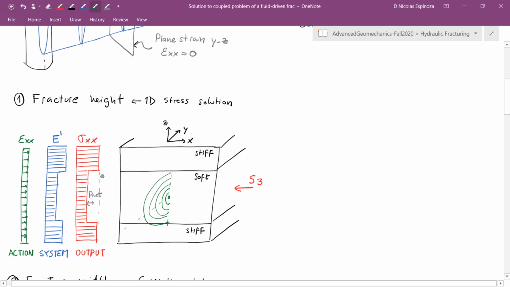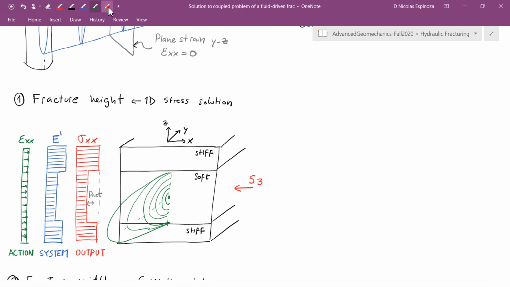As long as it doesn't go above that, then the fracture will remain bound in this layer and will not go into the stiff layers.